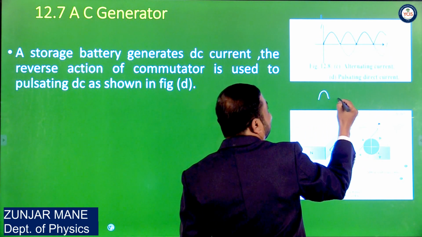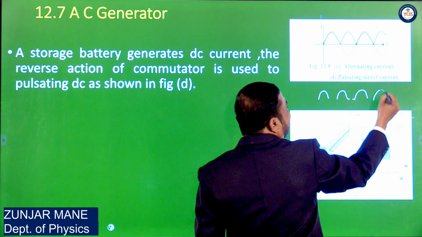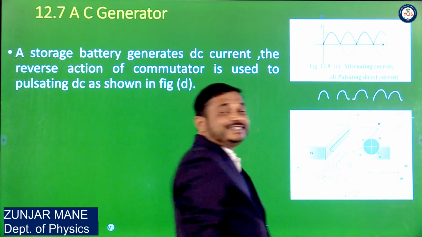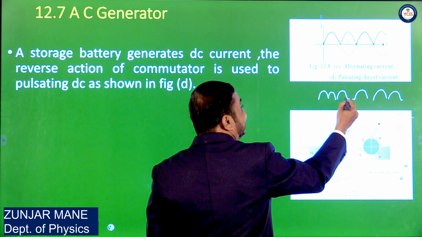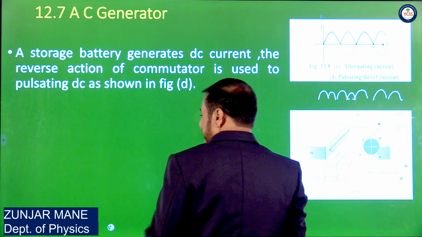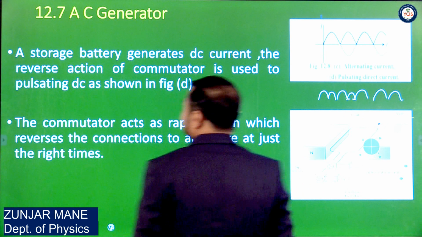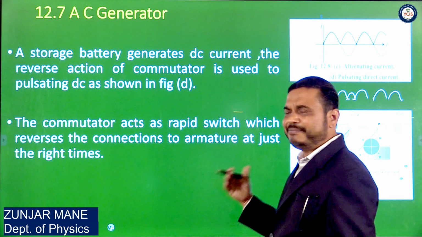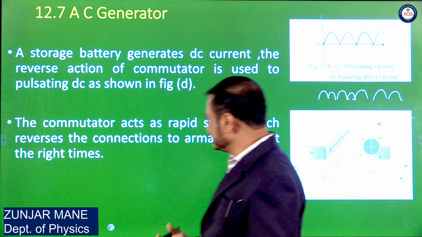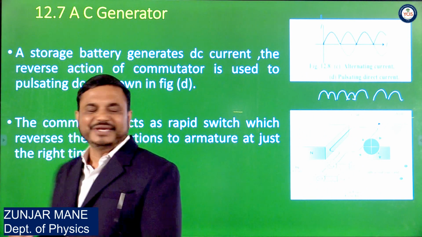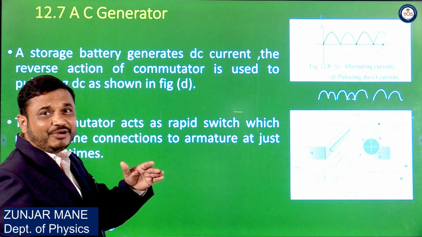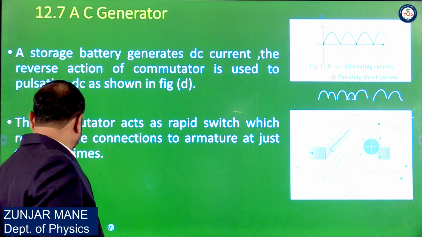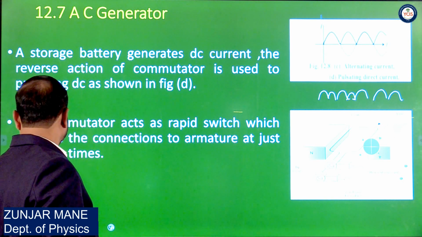In this way we get a unidirectional output, that is DC, but this DC is not constant, it is pulsating. The commutator acts as a rapid switch which reverses the connection to the armature at just the right times, so the negative cycle turns into a positive cycle.